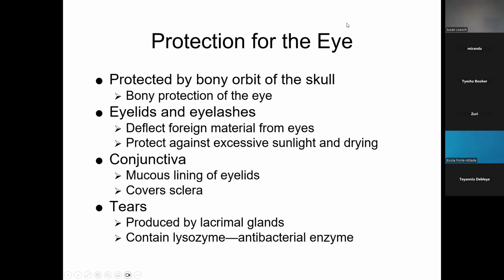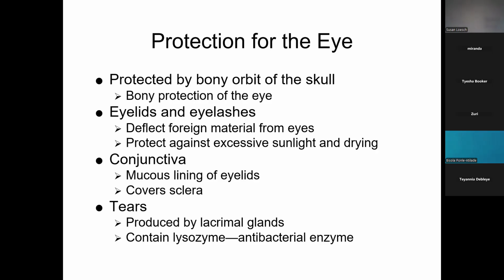The eye itself is protected by the bony orbit in the skull. You have eyelids and eyelashes. These help detect anything foreign and help keep it away from the eye. They also protect the eye from too much sunlight and keep it from drying out. You have the levator palpebrae, the muscle in the upper eyelid, which is controlled by cranial nerve 3, the oculomotor nerve.